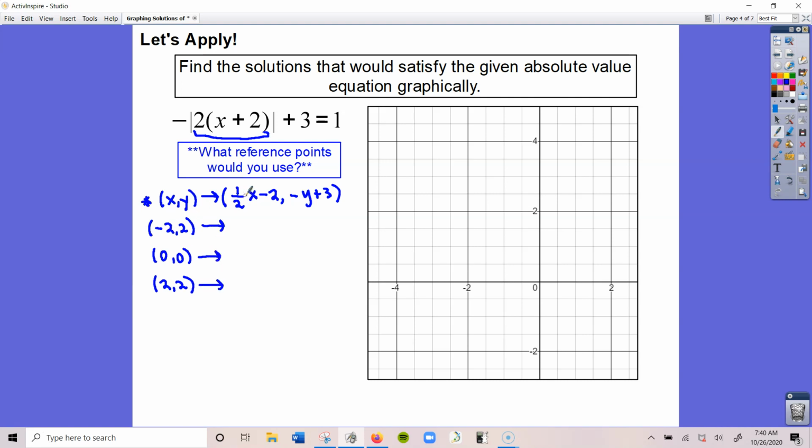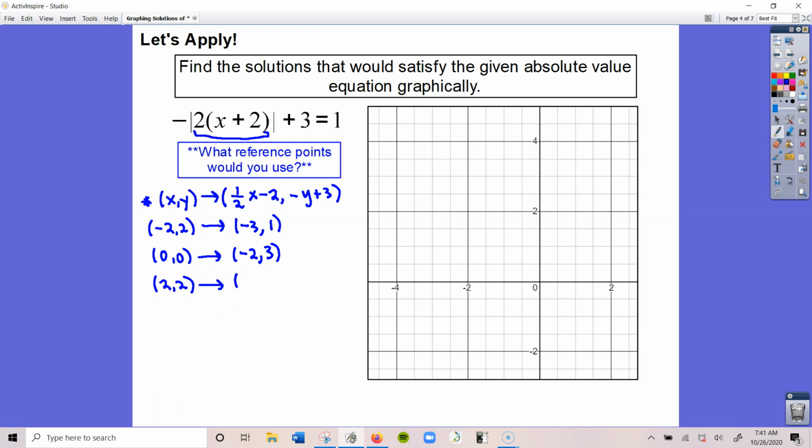When you plug in negative 2, half of negative 2 is negative 1, and negative 1 minus 2 is negative 3. Then when you plug in 2 for the y, we have negative 2 plus 3, making it 1. When you plug in 0, 0, half of 0 is 0, minus 2 is negative 2, and negative 0, which is just 0, plus 3 is 3.